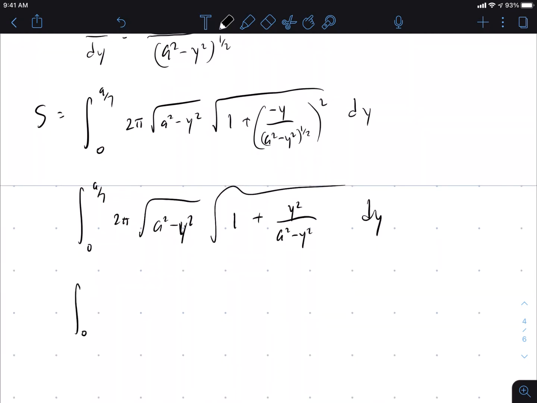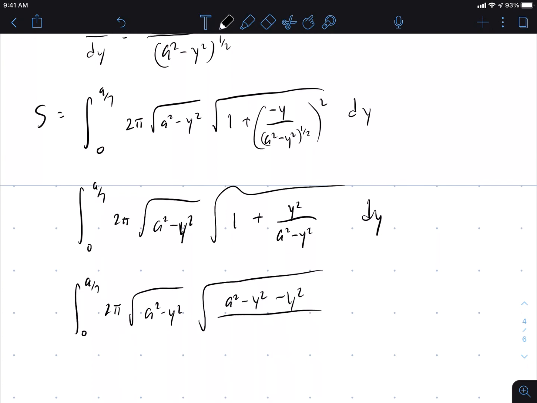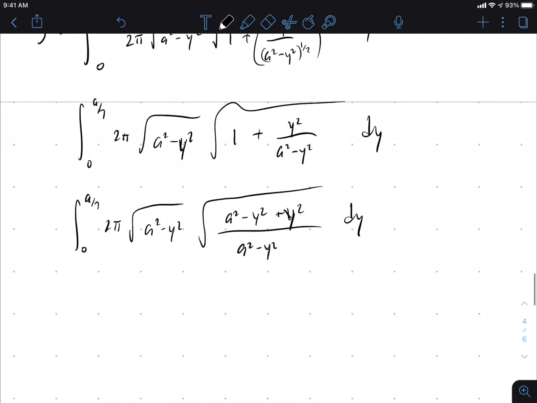Yeah. That's a squared minus y squared, plus y squared over a squared minus y squared dy. I'll just put the 2 pi out front already.